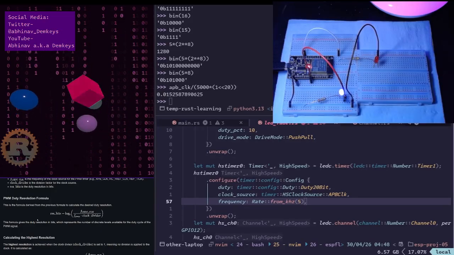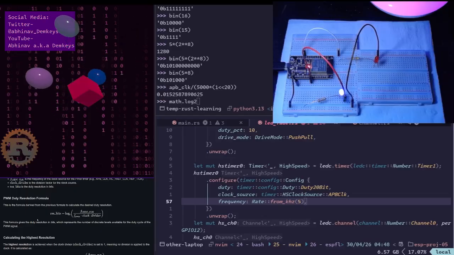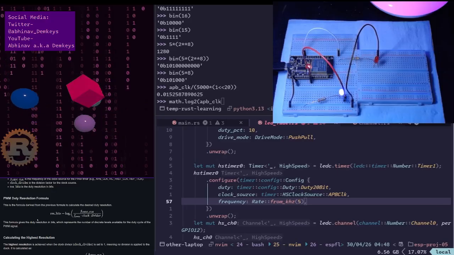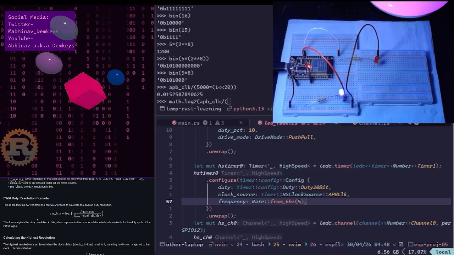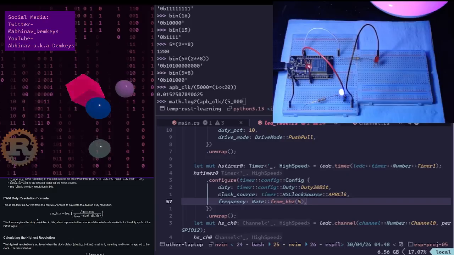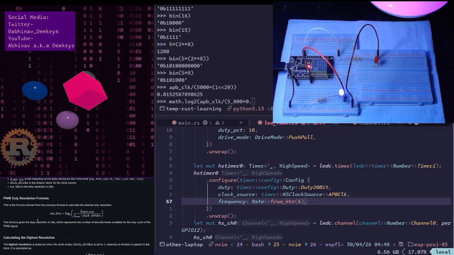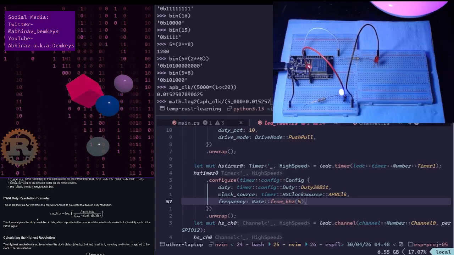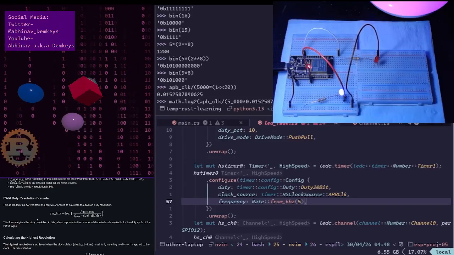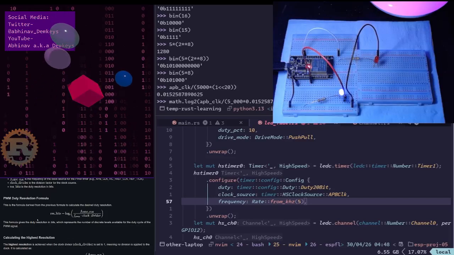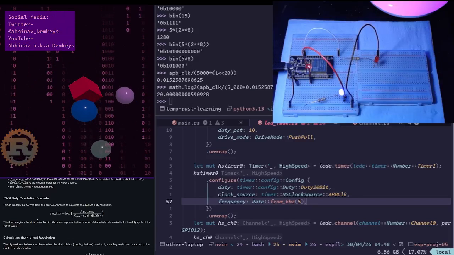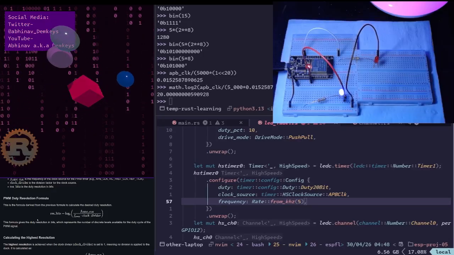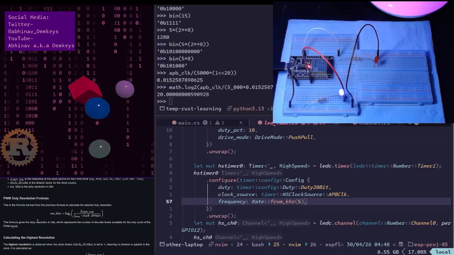We're going to say math.log2 of APB clock divided by 5,000 multiplied by, what was the value, 0.015258789. There, I think that's our resolution. Res bits is 20, but it doesn't seem to be working.